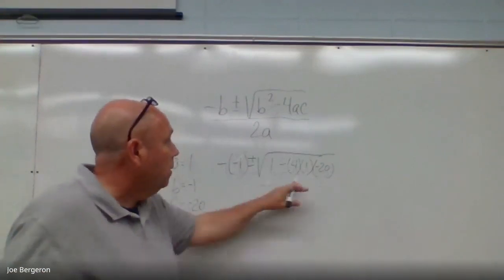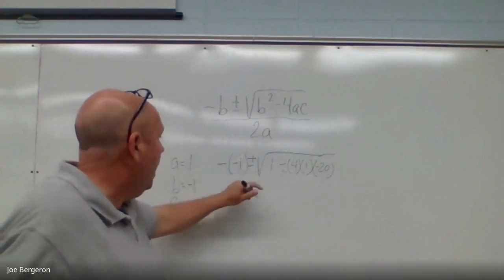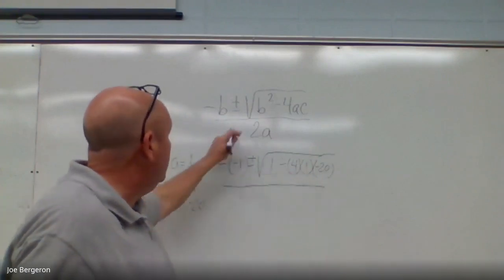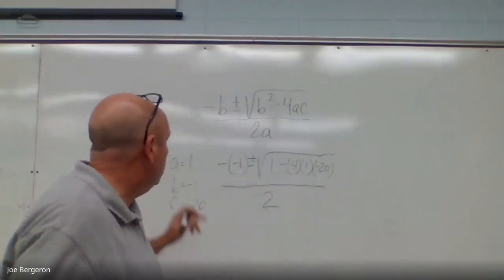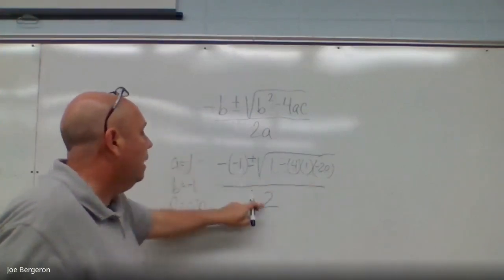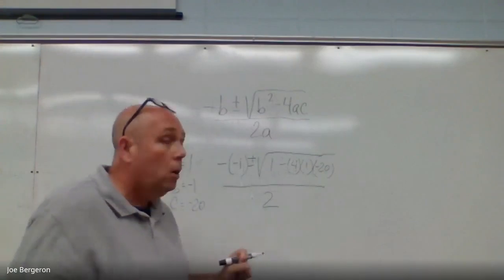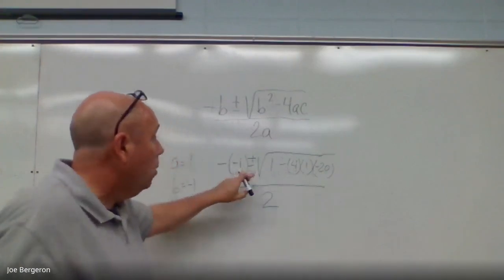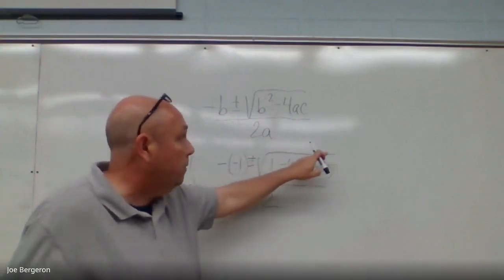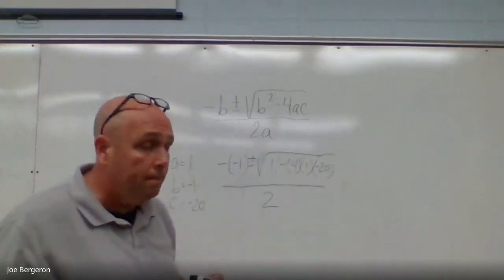Okay? So if we go ahead and put this over 2a, 2 times a is simply 2, because a was 1 times 2 gives us 2. Well, the first thing we're going to solve is what's underneath the discriminant. Now, when I say discriminant, I mean this square root box right here, okay?